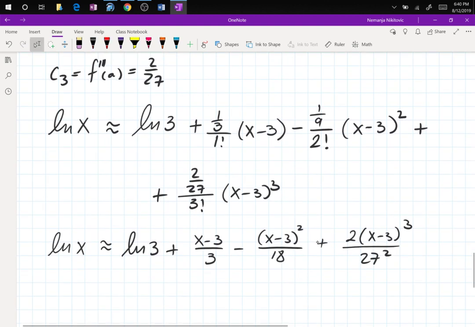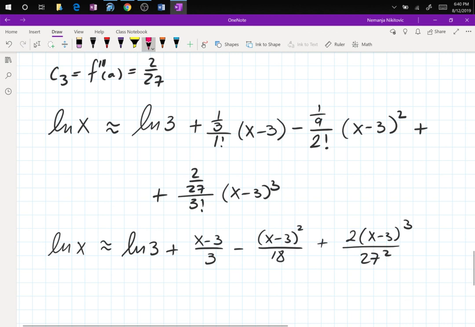So now you can go and expand if you want, but this is technically the answer without computing and expanding everything. You don't have to, but you can square this and cube that, and then find the common denominators, put all x cubes together, x squares, x's, and constants. It's just too much work for no payout because we have computers today.